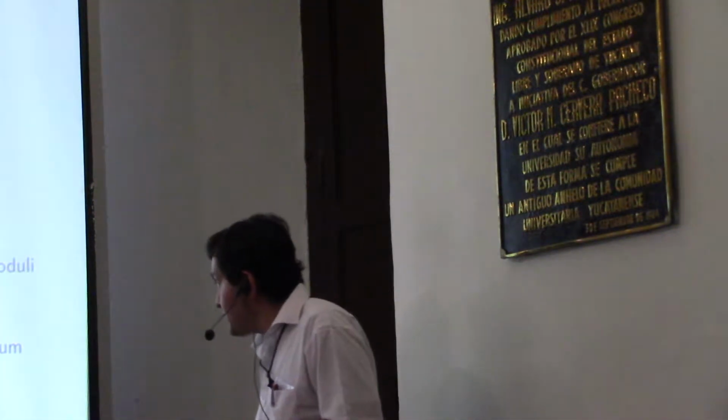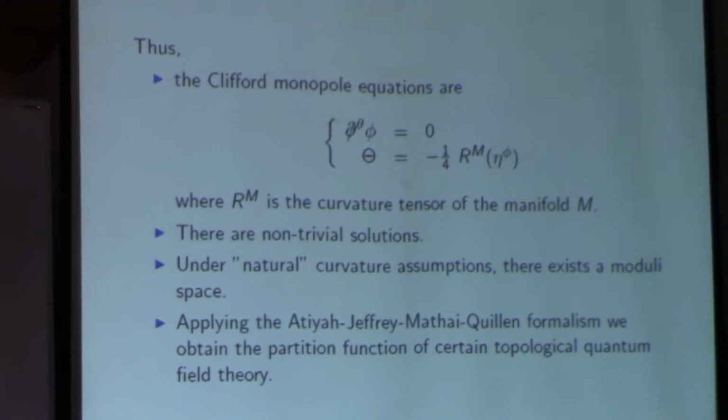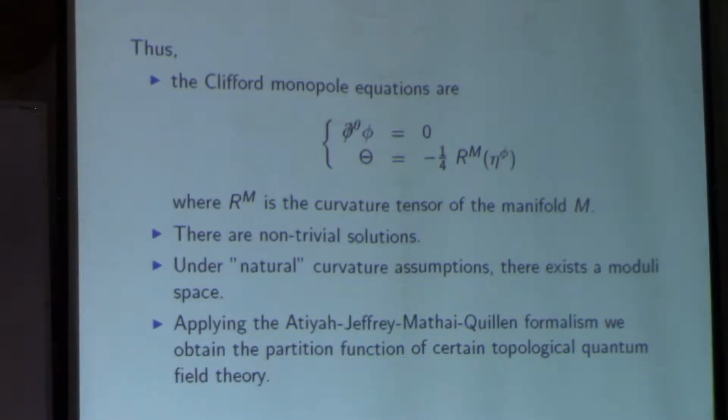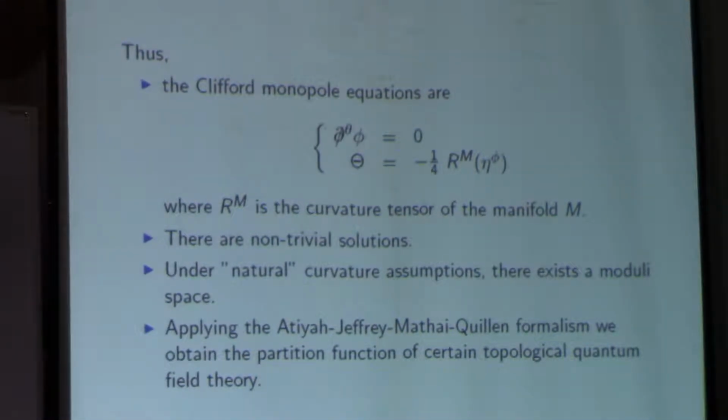So in the last part of the talk, I will very tentatively talk about the Atiyah-Jeffrey-Mathai-Quillen formalism. That can be applied to this because Seiberg-Witten theory fits into that formalism.